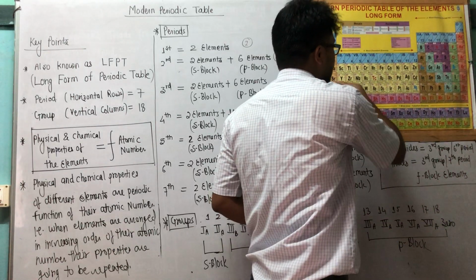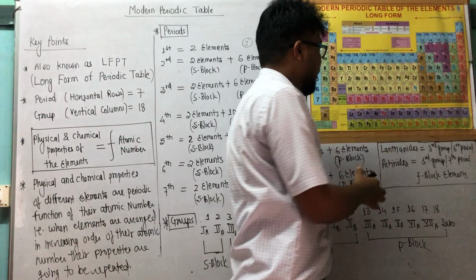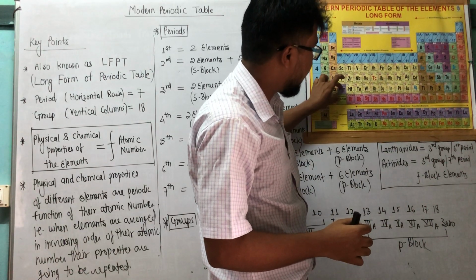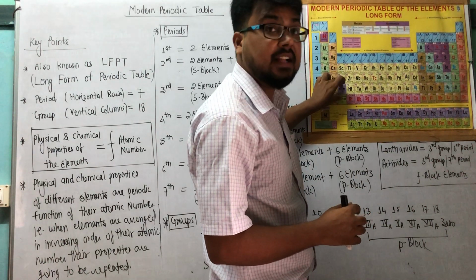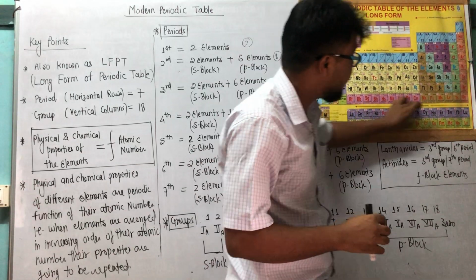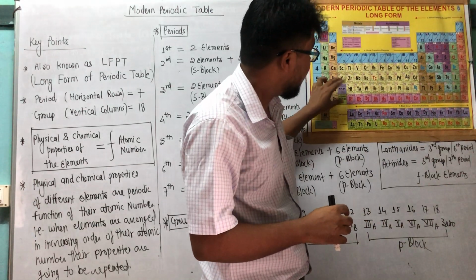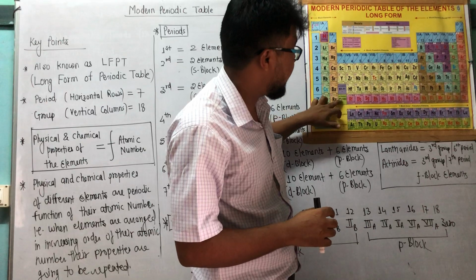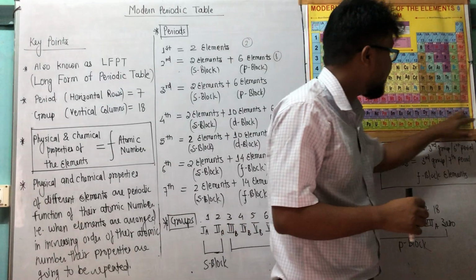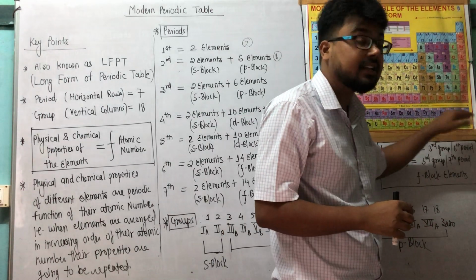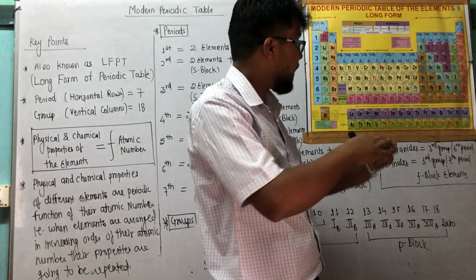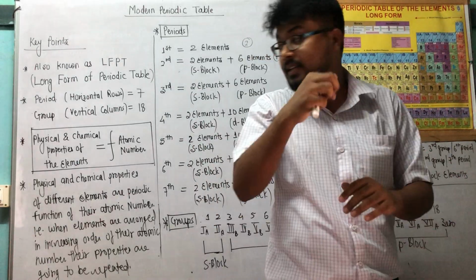The middle portion is known as the D block. And this one, which is nothing but a trailer, the movie is like this. See here, it shows only the element names, lanthanides and actinides, but the whole lanthanide series and actinide series are there. That is the F block. So it is a little complicated, correct?